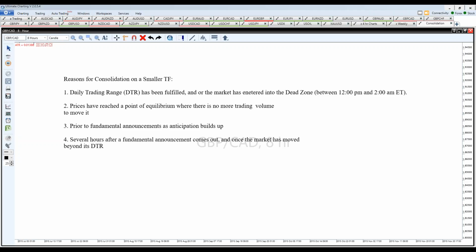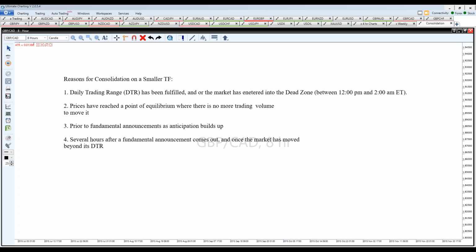Another reason to find consolidation on smaller timeframes will be in anticipation of a major fundamental announcement. Remember that as we close up on the hour of the release of a major fundamental announcement, market participants tend to step away from the market, waiting for the news to come out, to use that news to determine whether they want to buy or sell.